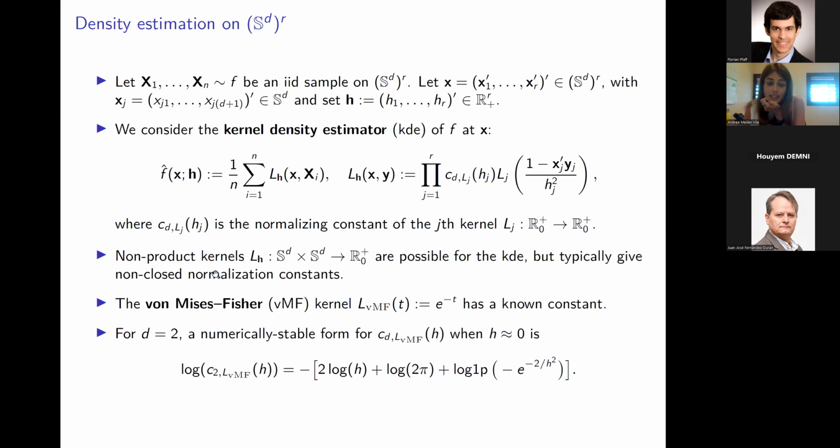Notice that in this case, we can also consider the possibility of including non-product kernels, but in that case, we are not going to obtain a closed expression for the normalizing constant. In the case that we have a von Mises-Fisher kernel, then we have a known constant for the kernel density estimator, and in the particular case that d is equal to 2, we have a stable form for the normalizing constant when the bandwidth is close to 0.